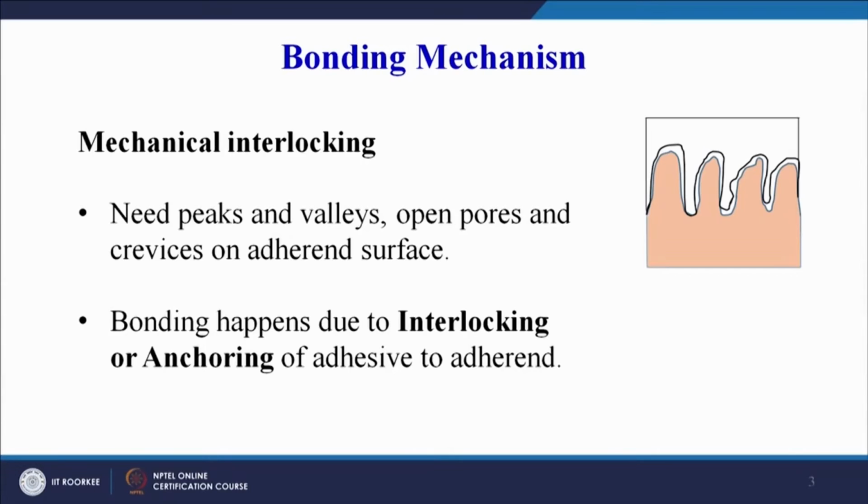So the first important requirement for mechanical interlocking is the presence of peaks, valleys, pores and crevices on the adherent surface. Now if these are present and you have applied an adhesive on the surface, how will the joining take place? The bonding will happen due to the interlocking or anchoring of the adhesive to the adherent.